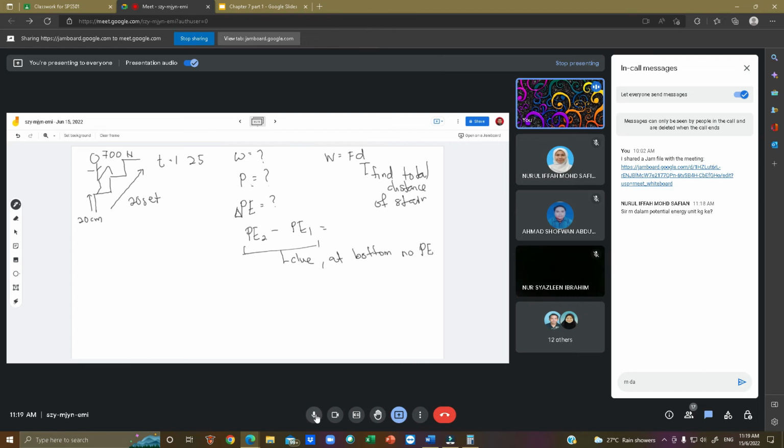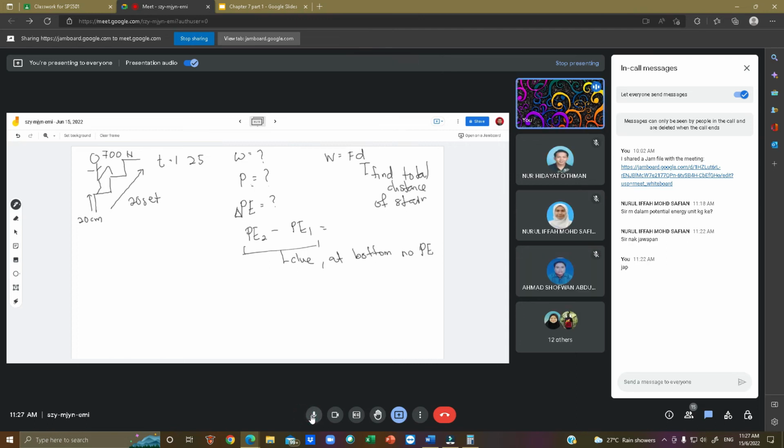So that 700 Newton tu kamu dah selesai masalah untuk potential energy, but for kinetic energy you need to change that 700 to mass dulu. You need to divide that. Ada tak? Dia tak pakai, saya rasa macam tak ada pakai. Tak ada. Dia tak ada pakai kg. So you can just use that 700 Newton. Itu ialah weight untuk PE, alright?